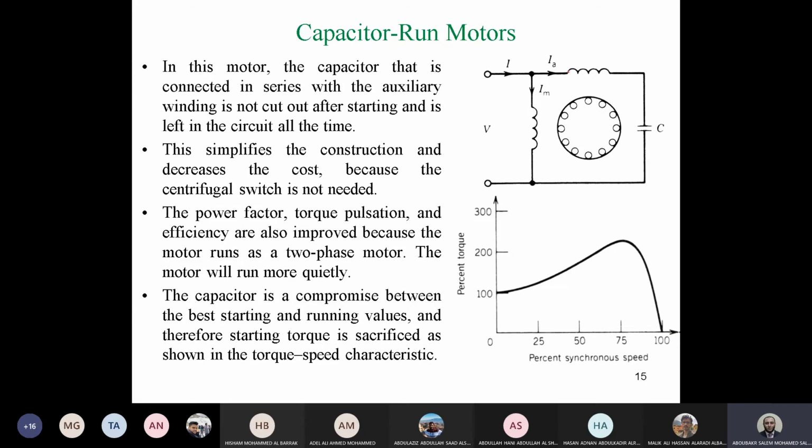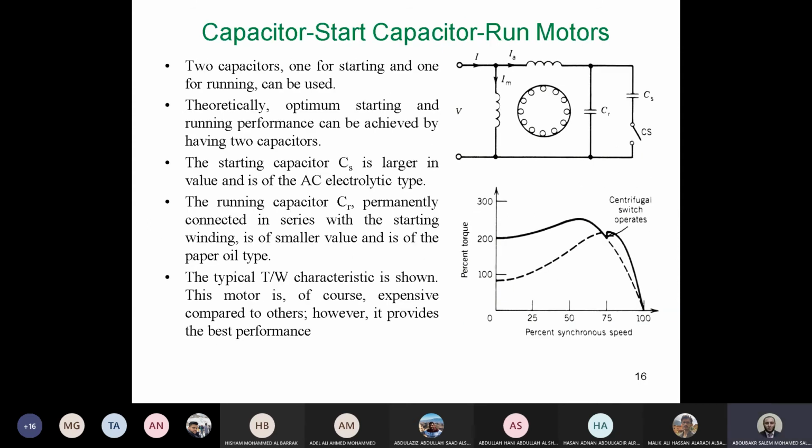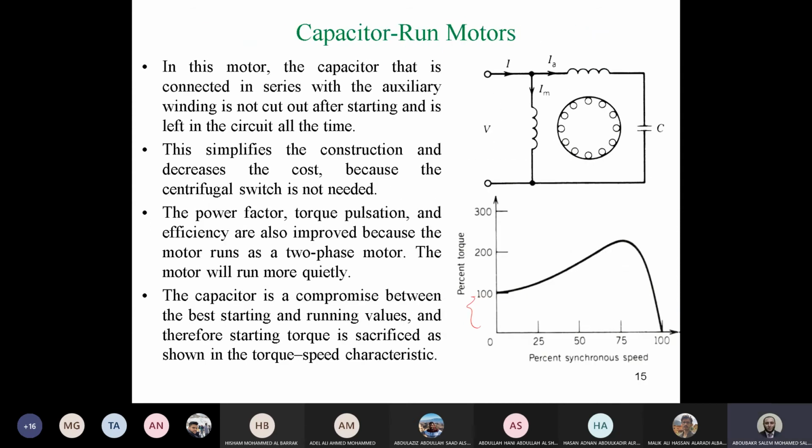But in this way, guys, as you can see, the value of torque will be decreased again. Why? Because you already decreased the value of resistance here, which means the angle between IM and IA will not be that high compared to the capacitor start one. So this is a problem of starting here. The torque will not be that high.